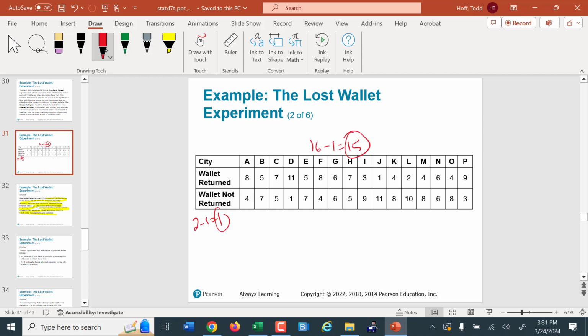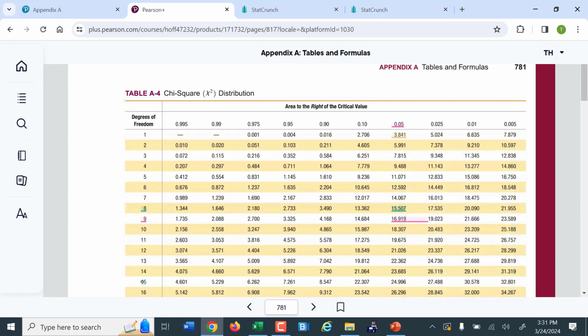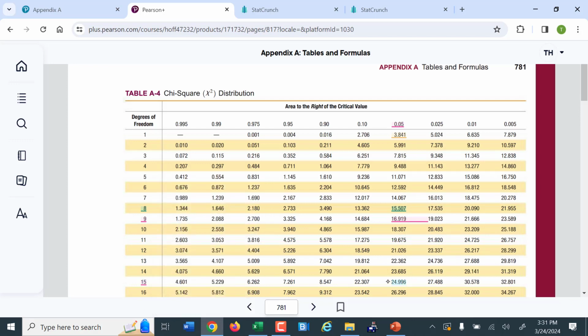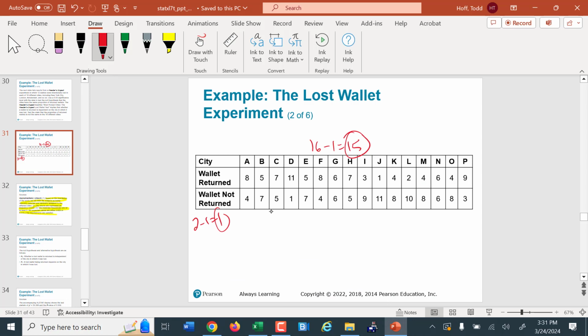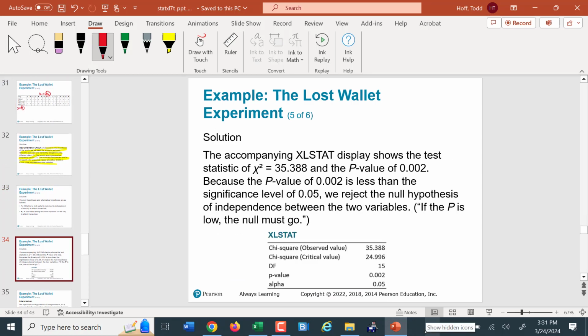So that's 15 degrees of freedom. So if we go here, that's 15. Down here, 0.05 still is going to be right here. 24.996 is our critical value, which is exactly what they have listed down here.